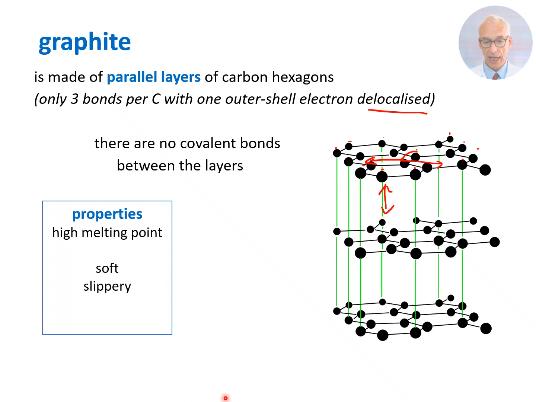We can explain that by realizing that these layers can move over each other easily. So it's rather like our explanation of the properties of metals. The layers of carbon atoms can slide over each other easily. There are only weak intermolecular forces between the layers. Another exceptional property of graphite is it is an electrical conductor. These electrons, as we highlighted earlier, are delocalized and free to move throughout the structure and carry charge.